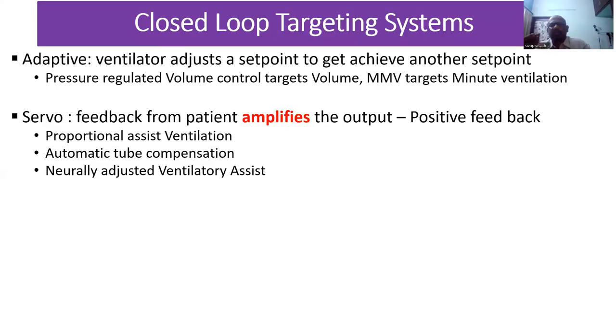Suppose it gets information, it will amplify the controller to give a bigger output. Whereas in adaptive modes, if you set a minute ventilation as target, the ventilator will keep on trying to minimize the difference between the set and the achieved one. So that is also called negative feedback. But it is not correct to call adaptive a negative feedback.